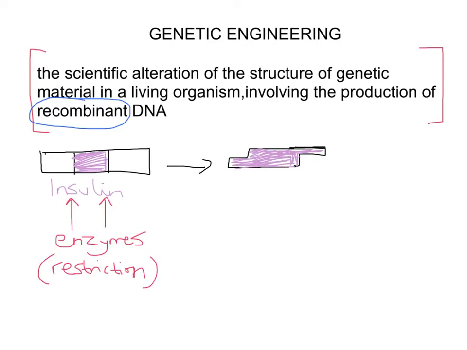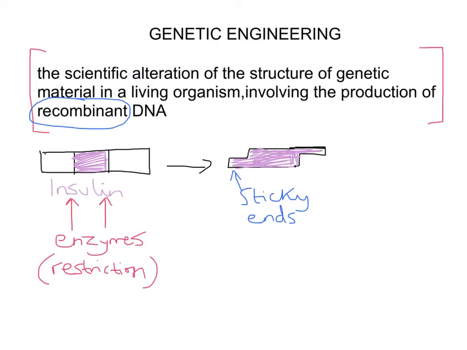So we cut that out, and we end up making what are known as, so these bits that appear to jut out here, they're known as sticky ends. Now the sticky ends will help us to be able to form our recombinant DNA, to join this section of DNA to the DNA of another source or from another organism.